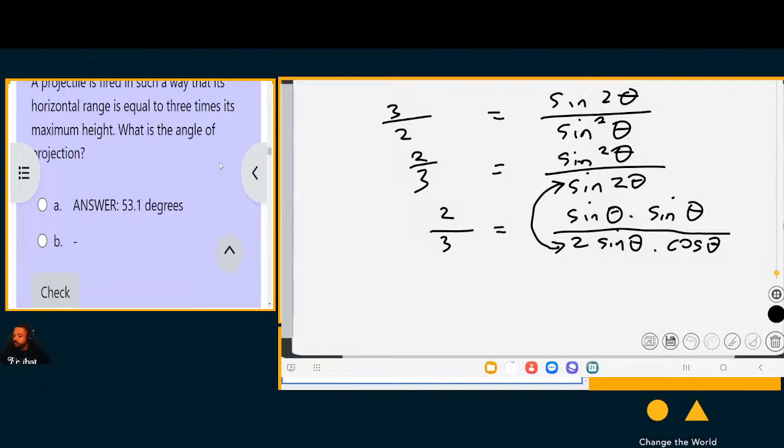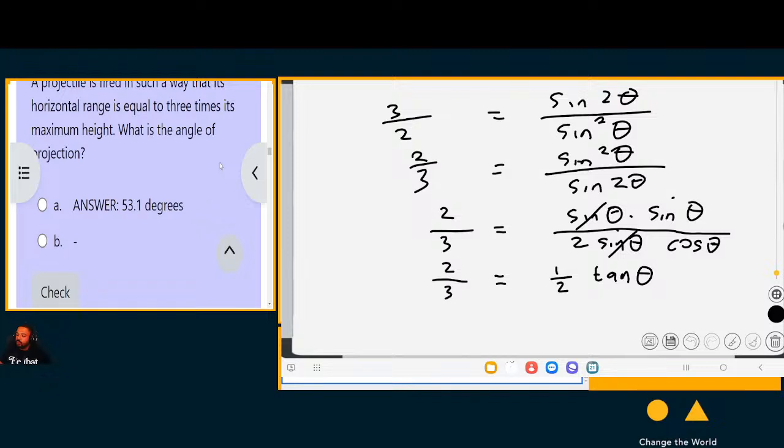They are the same formula. It's a trigonometric identity from high school. You should remember that. Now here we can have one of these sines cross out, and on that side we are then left with 1/2, and then sine over cosine is tangent of theta, and on this side we're left with 2 over 3. Okay, so a half tangent is equal to 2 over 3.